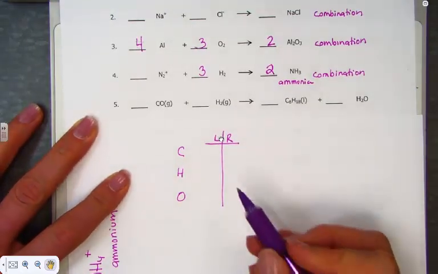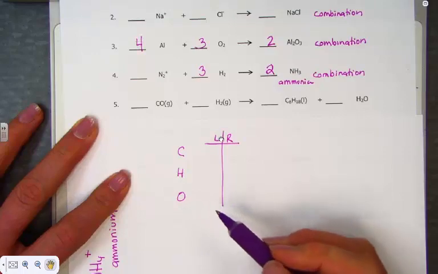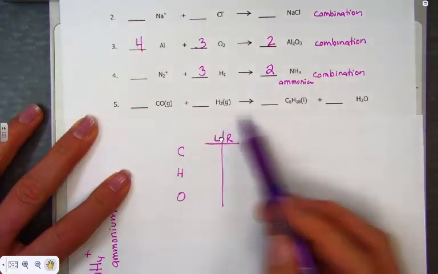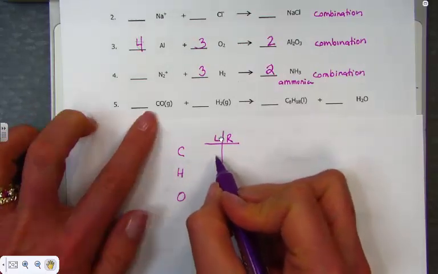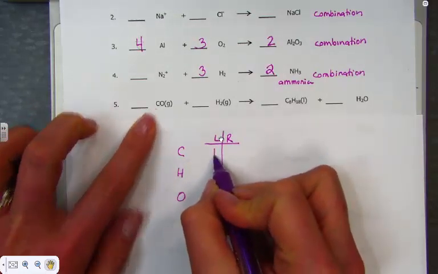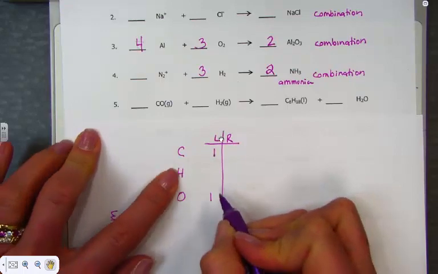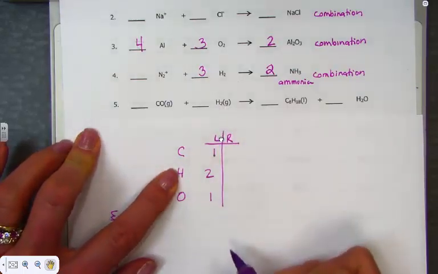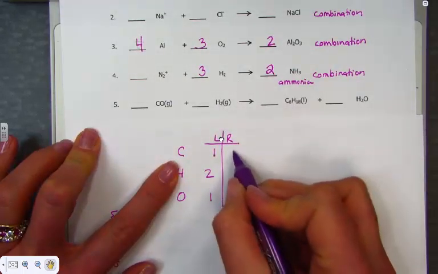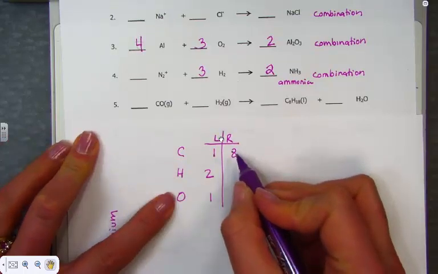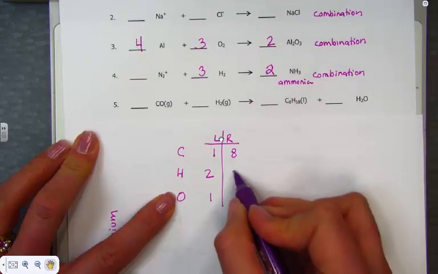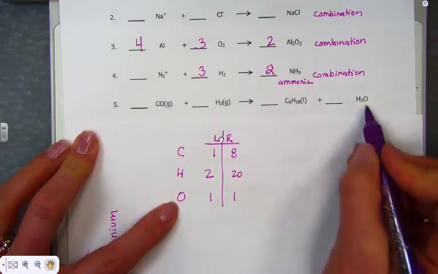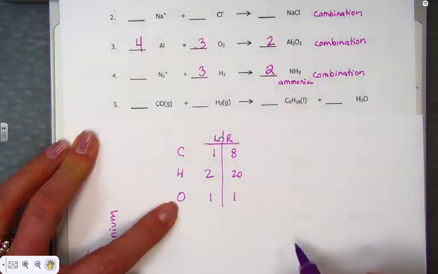Things just start to behave better when I have C's and H's and O's all in this kind of organic hydrocarbon chemistry. Let's tally C's and H's and O's. 1 carbon, 1 oxygen, 2 H's. 8 carbons, 18 and 2 more is 20, and an oxygen.